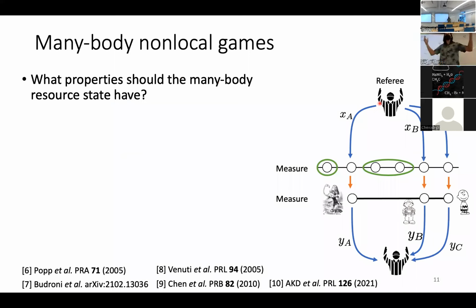But one may now ask, if I have one of these many-body nonlocal games, what sort of properties should this many-body entangled state that I use as a resource have in order to ensure a good strategy?